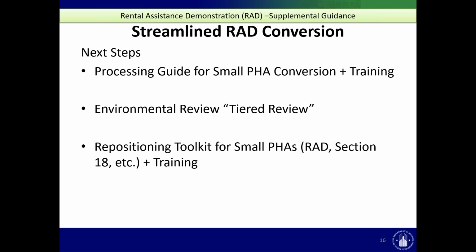We need to roll out the environmental review, we call tiered review. And more broadly, we're working with PIH on developing a repositioning toolkit for small PHAs, given that many of these small PHAs should be evaluating which is the better option, RAD, Section 18, or other options. So all of these are forthcoming.